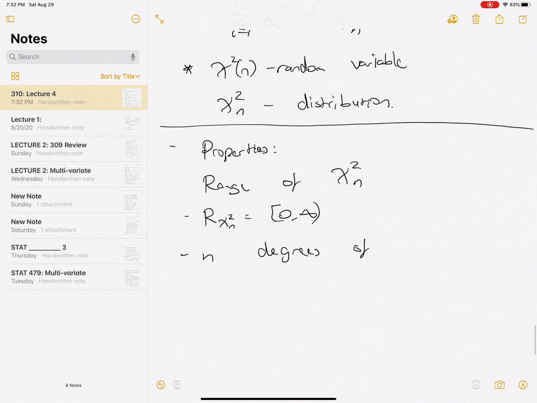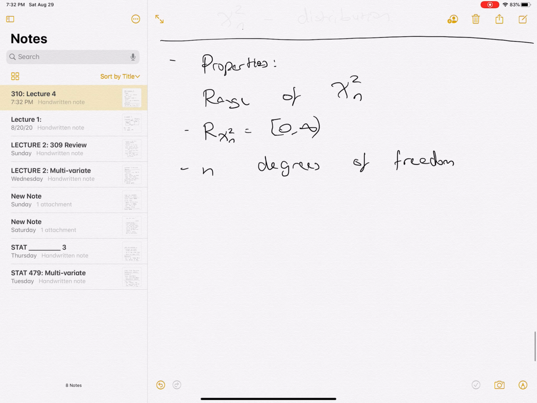What n refers to here, which you can think of as a parameter associated with the distribution, is the degrees of freedom. We'll see soon that it will be very closely related to the sample size in statistics. We're going to see that over the next couple of lectures.